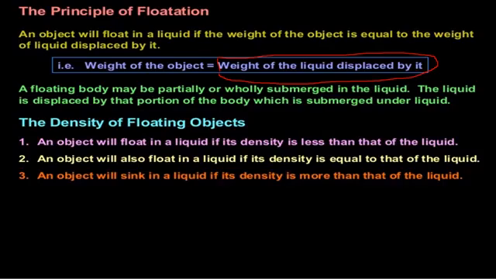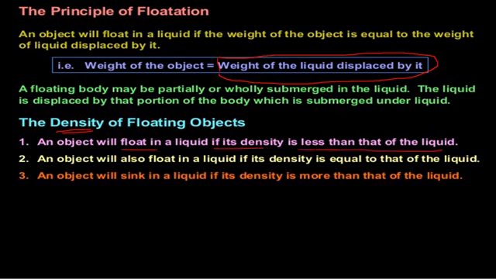Okay, now let's see how the density of an object affects the floating. Why does the object float or sink when placed on the surface of water? It also depends upon the density of the two objects, that is the liquid and an object which is placed on the liquid. Okay, an object will float in a liquid if its density is less than that of a liquid.